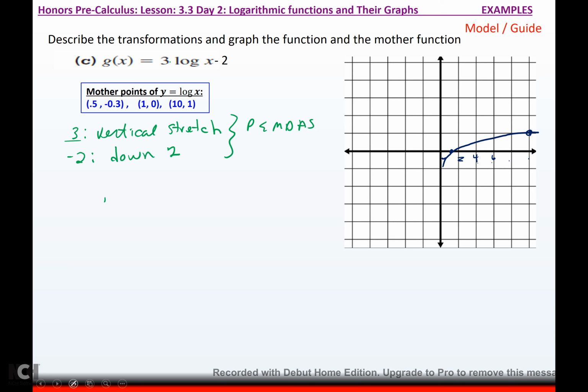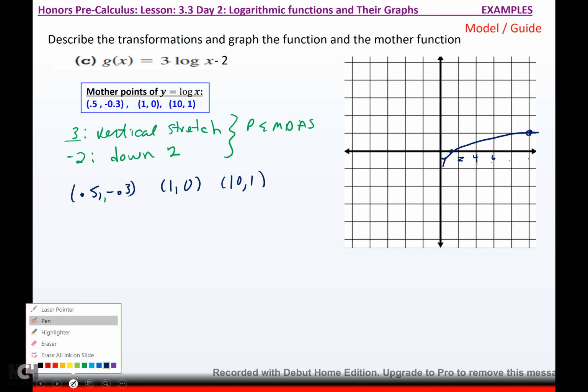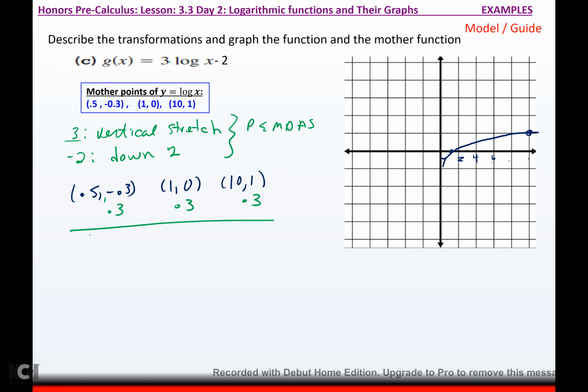Alright, so now let's do the math. So we have 0.5, negative 0.3, 1, 0, 10, 1. And first thing I'm going to do is multiply my y's by 3. That's going to give me 0.5.